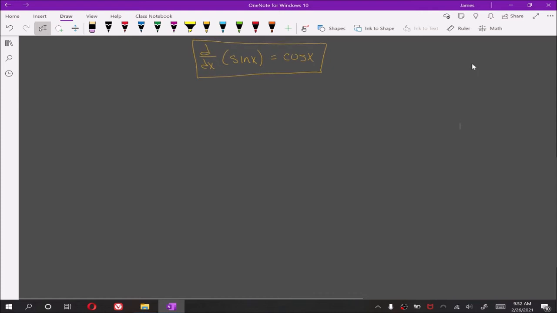We next consider the derivative of cosine. Again, we shall use the limit definition. So it's the limit as h approaches 0, cosine of x plus h minus cosine of x all over h. We will again use a trigonometric identity to write cosine of x plus h as cosine of x times cosine of h minus sine of x times sine of h.